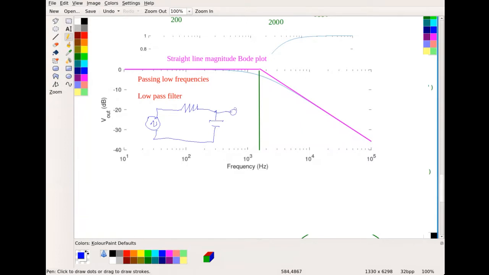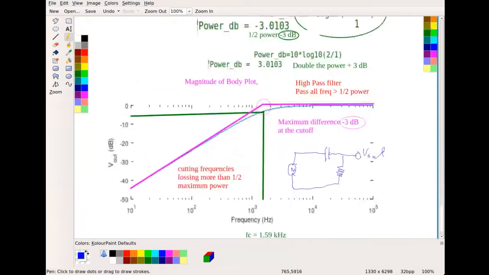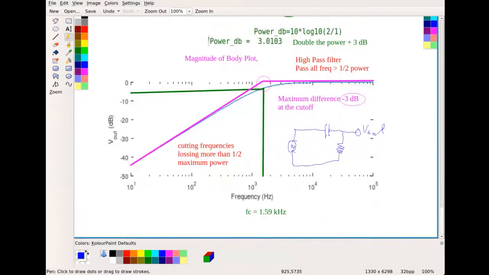And that is a low pass filter. A low pass RC filter, of course. So we have a low pass filter, and the first one that we were doing is the high pass filter.